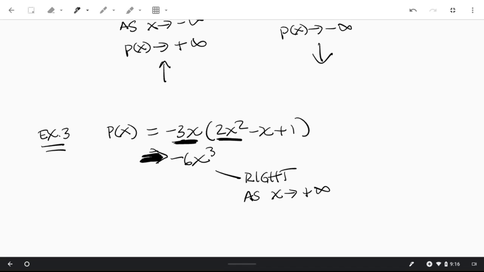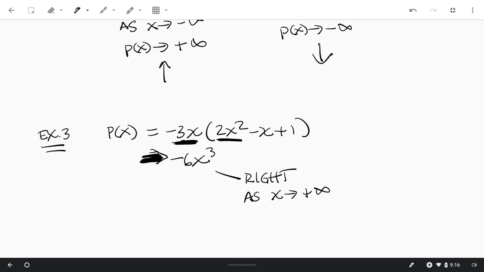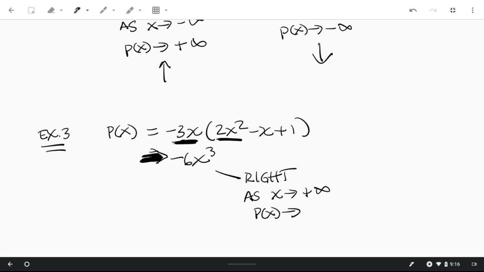Let's plug that in. If you want to use positive 1 million, you can. Positive 1 million to the third power is positive, and then times -6. So our polynomial goes towards negative. On the right-hand side, the graph will be going down.